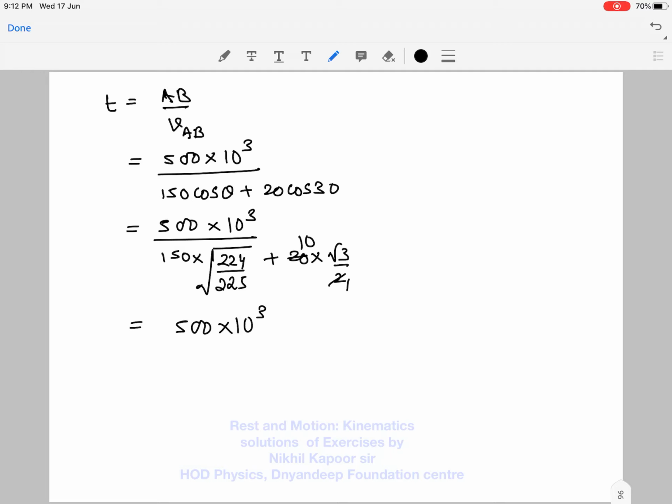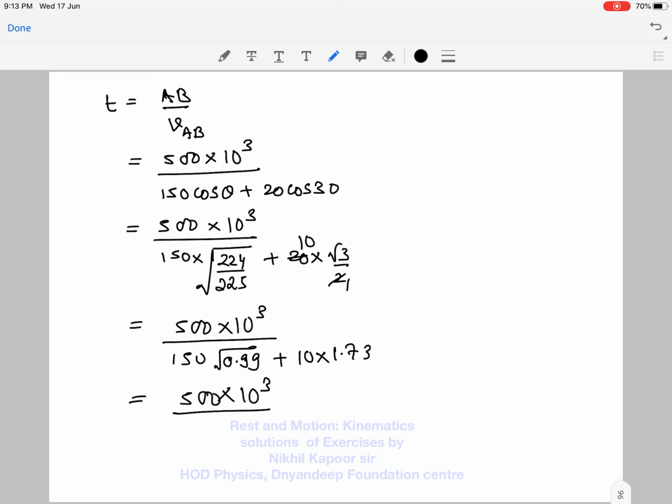So 500 into 10 to the power 3 divided by 150, and if you see, 224 and 225 are approximately equal. Okay, but still we will see what the division is. So 224 divided by 225 comes out to be 0.99, plus 10 into the value of root 3, which is 1.732, so I'll write 1.73.